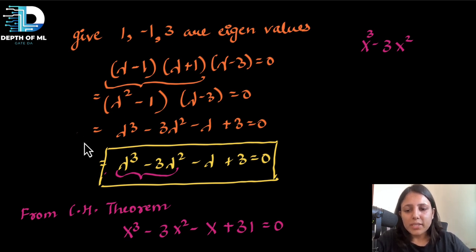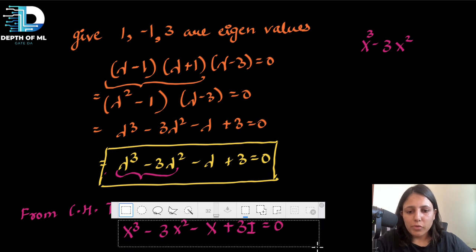Here I is the identity matrix and the right side is the zero matrix. Let's continue from here.